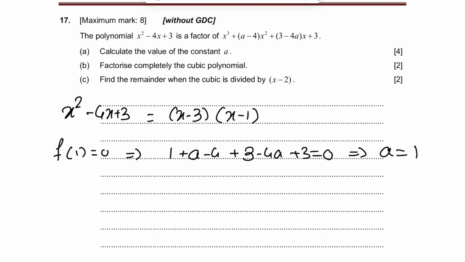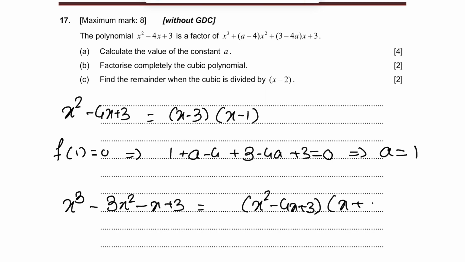Factorize the polynomial completely. So once I get the value of a as 1, what am I going to get? x cube minus 3x square minus x plus 3 should be equal to x square minus 4x plus 3 times x plus b.